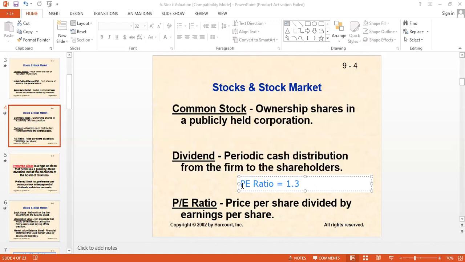So your price per share is 20% lesser than the earnings per share. This is how we can relate the PE ratio, price per share with earnings per share. All right, so this ratio is very pertinent at the time of discussion of stocks.